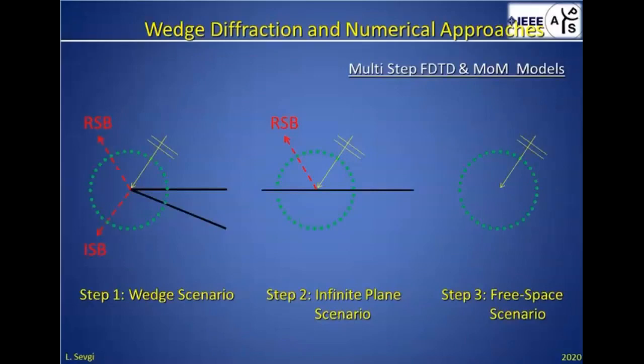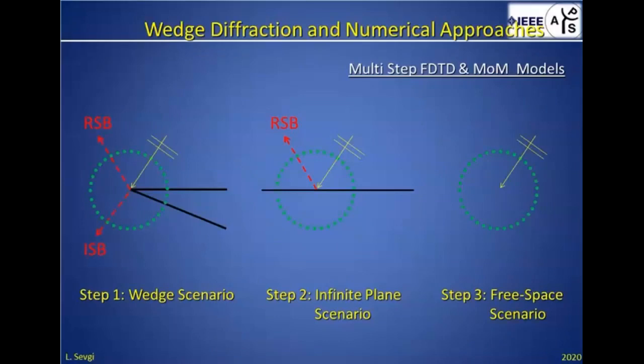Okay, this is the generic scenario. We call it multi-step models. Instead of dealing with one single wedge problem, we deal with three different scenarios. On the left, step one is the wedge scenario. We have the wedge, incident field, and we record scattered fields around the object. In the second scenario, we replace the wedge with an infinite plane.